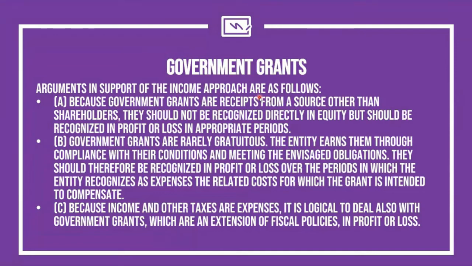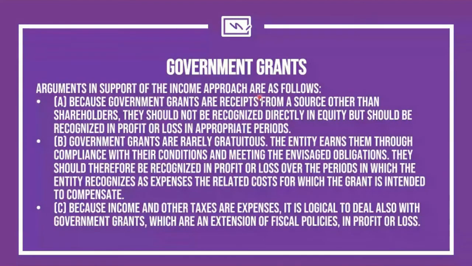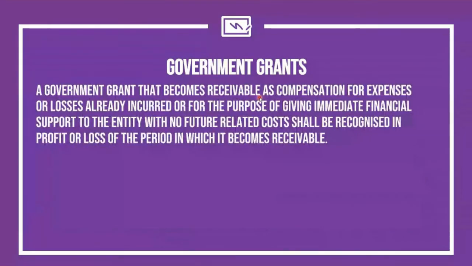So depreciation in this case will be gross, and then income will be gross also. Now, there are also going to be grants relating to income later on, which will also be recognized under either the capital approach or the income approach. Okay, so anyway, we go to the next portion.